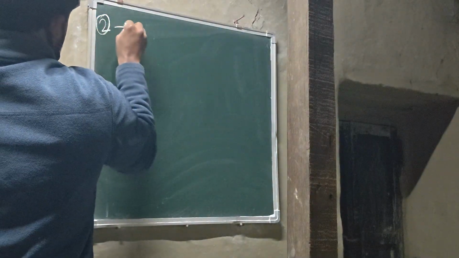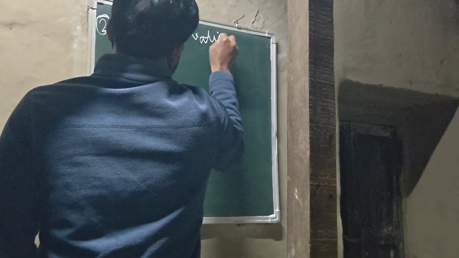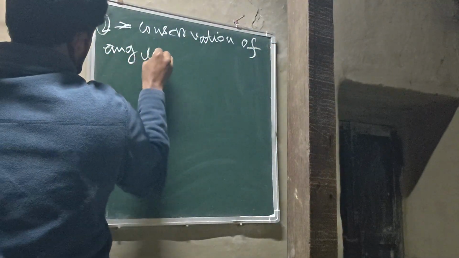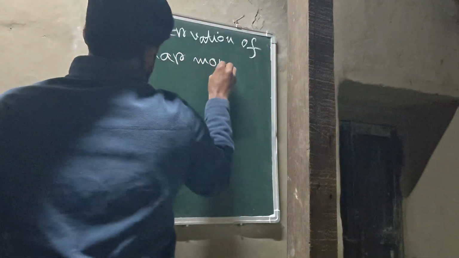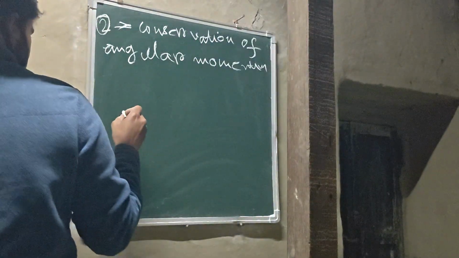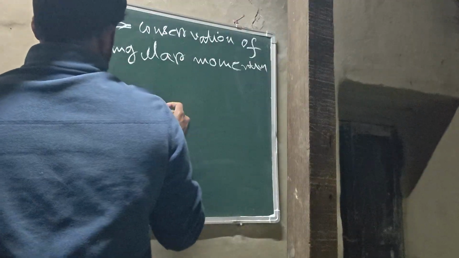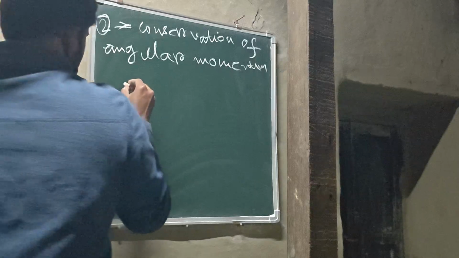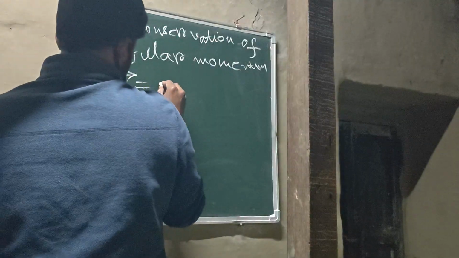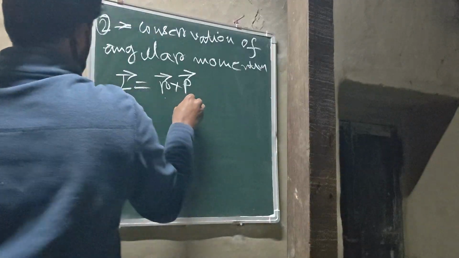Now number 2, conservation of angular momentum. We know the angular momentum of the particle, L vector equals r cross linear momentum, means r cross p.